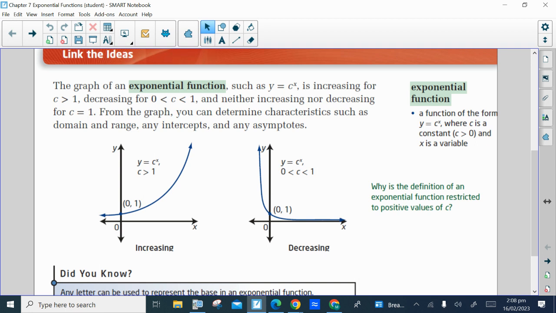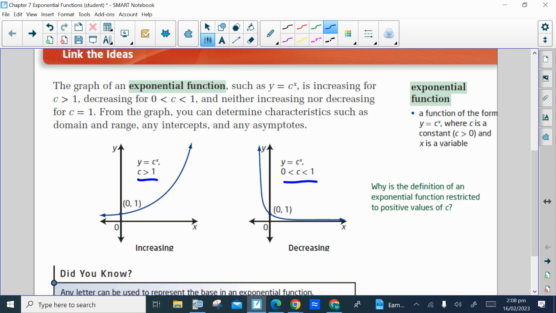It is a decreasing function when c, the base, is between 0 and 1. You can see the graph on the left is an increasing function because c is greater than 1. As long as the base is greater than 1, it'll be an increasing function. But when c is between 0 and 1, you get a decreasing function.